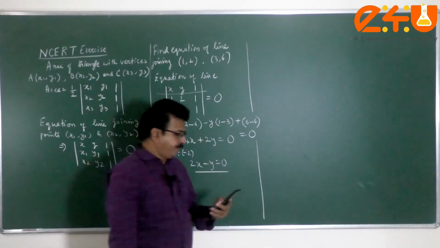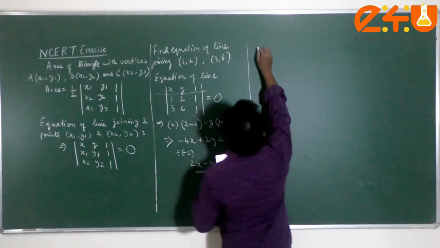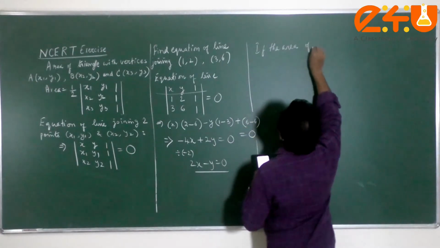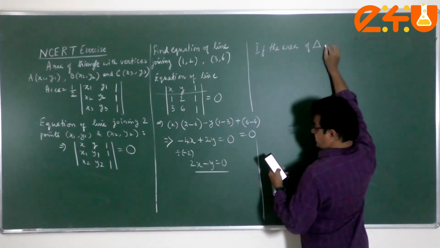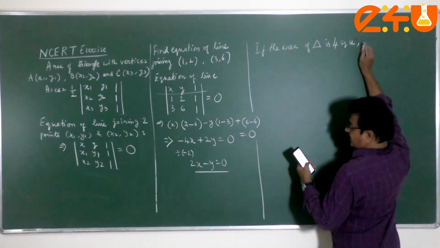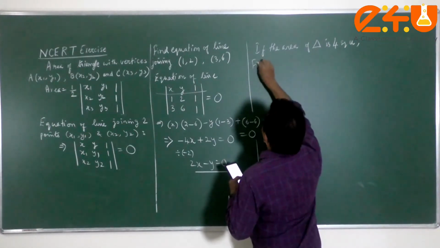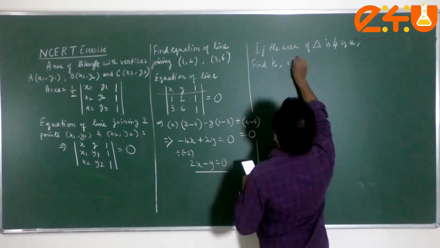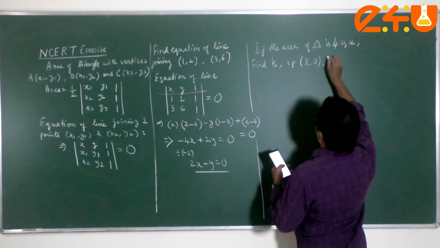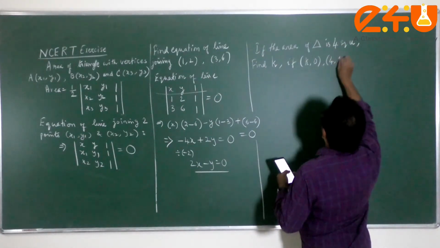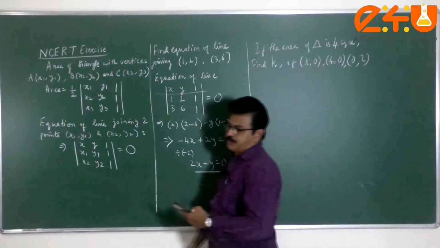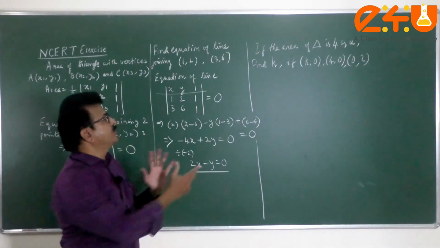If the area of the triangle is 4 square units, find K, if the vertices are K, 0, 4, 0, 0, 2. So let us see how you can solve this kind of question.